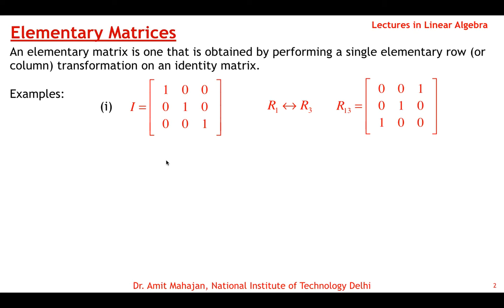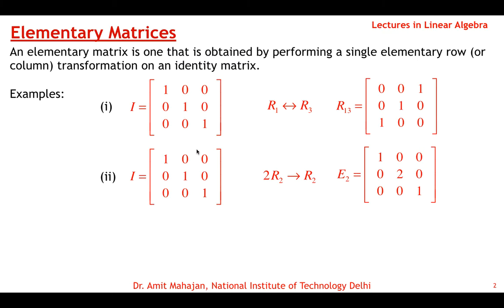Similarly, say I take another example where again I start with the identity matrix and apply 2 times row 2, with the impact on row 2. That means the second row is multiplied by a non-zero constant 2, so the element 1 becomes 2.